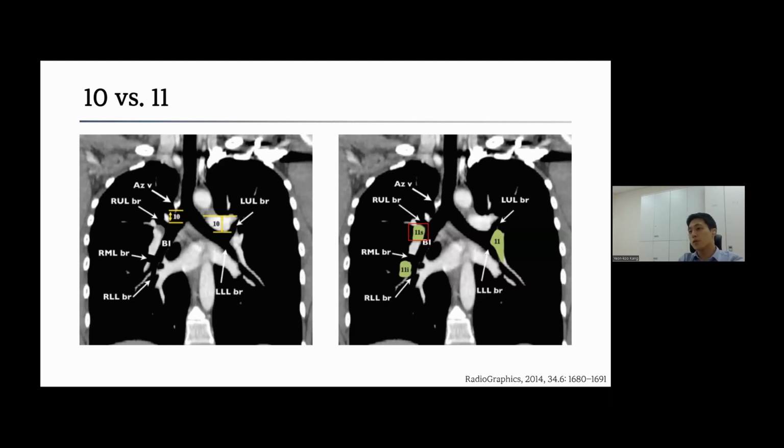However, confusion between 10 and 11 is quite common, and the definition should be clear. The most common mistake occurs regarding the space between the right upper lobe bronchus and the right bronchus intermedius. This point, because the right upper lobe bronchus has already branched out. So nodes in this space should be called 11R, not 10R.